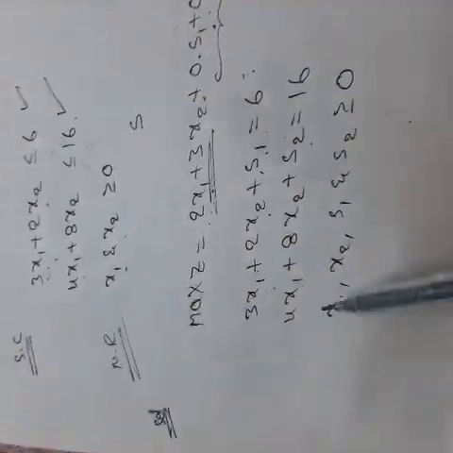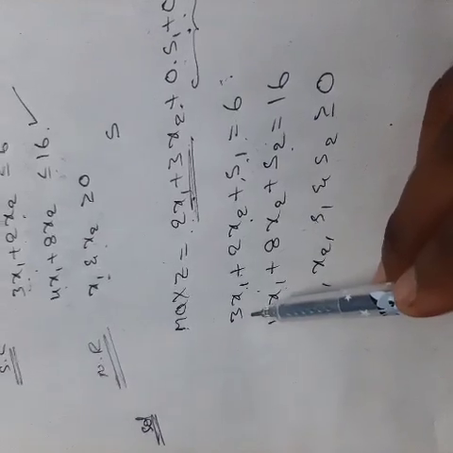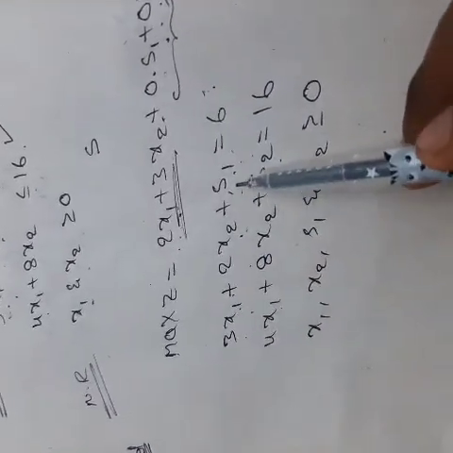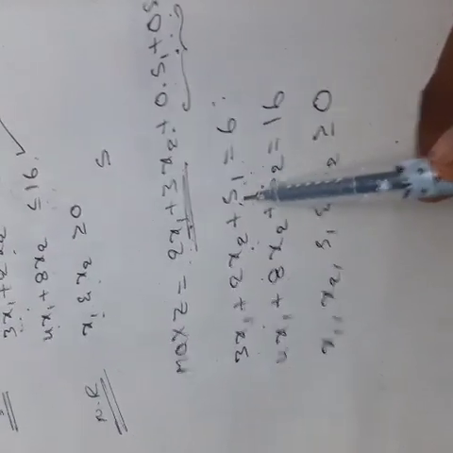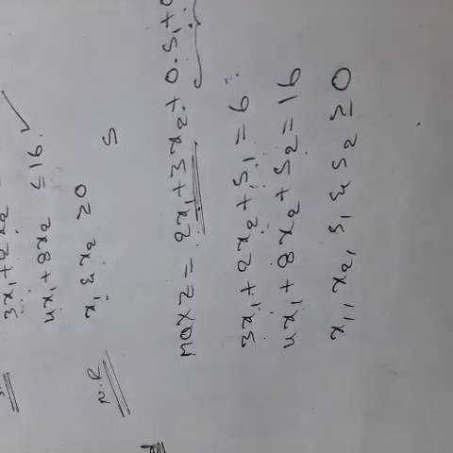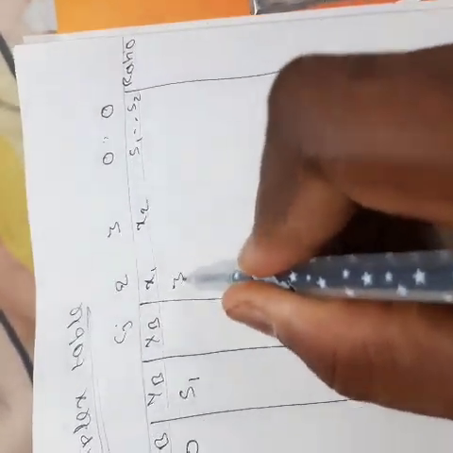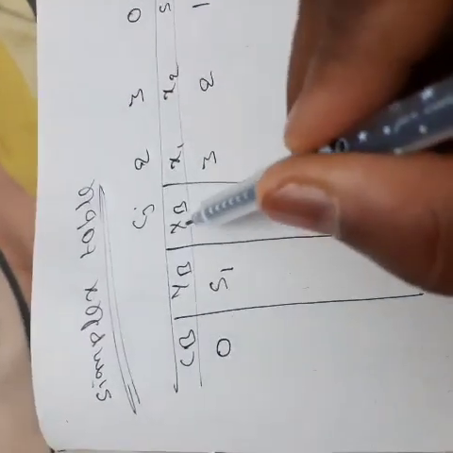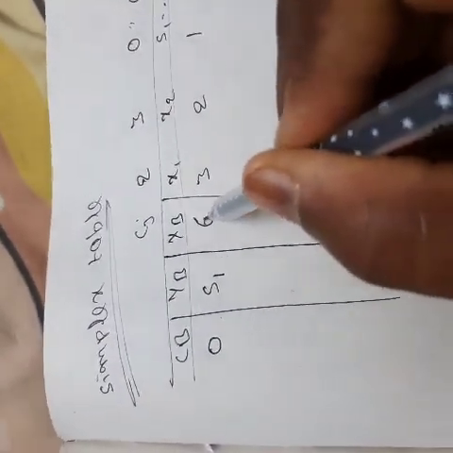The first equation values are: x1 coefficient is 3, x2 coefficient is 2, s1 coefficient is 1, and there is no s2, so the coefficient of s2 will be 0. Therefore 3, 2, 1, 0. And there is equal to 6, so we will write 6 in XB.